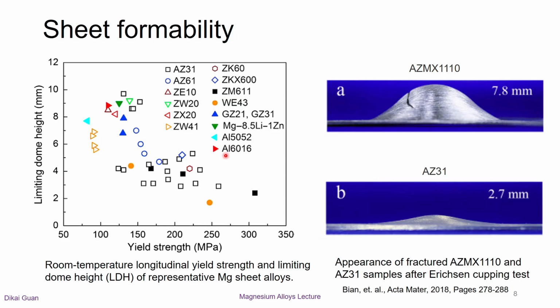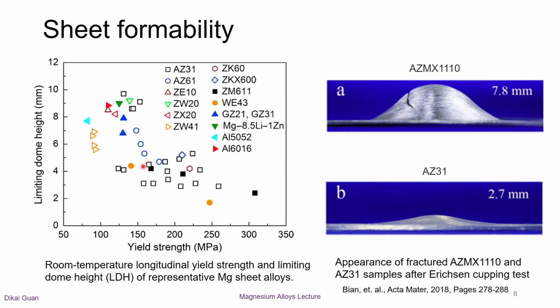In general, the stretch formability of those magnesium alloys that have low yield strength, for example 100 to 170 MPa, is comparable to that of some commercial aluminium alloys. But higher strength magnesium alloys exhibit poor stretch formability.